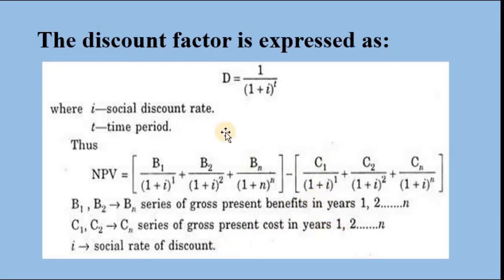And as I already said, i is the social discount rate and t the different periods of time, that is the first, second, third year up to the different years.